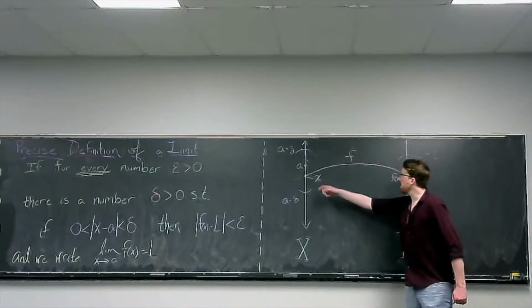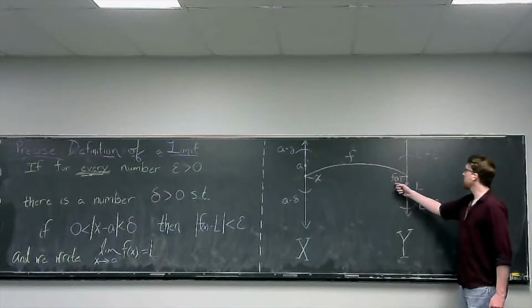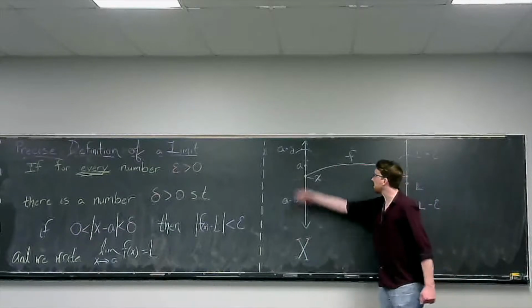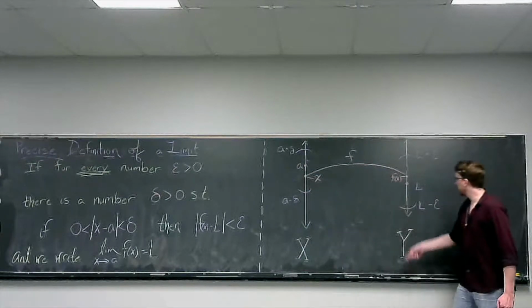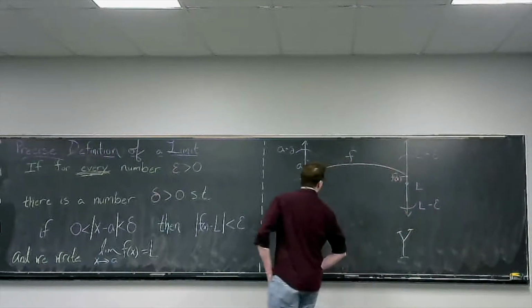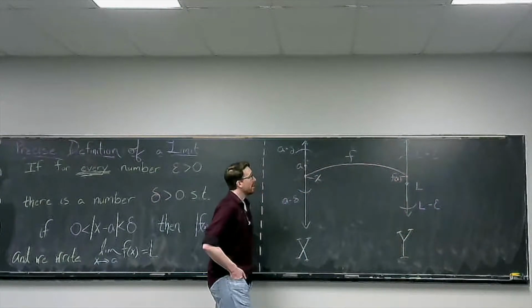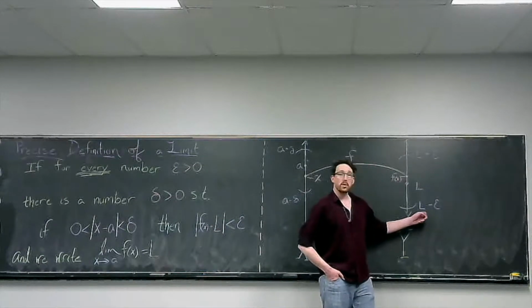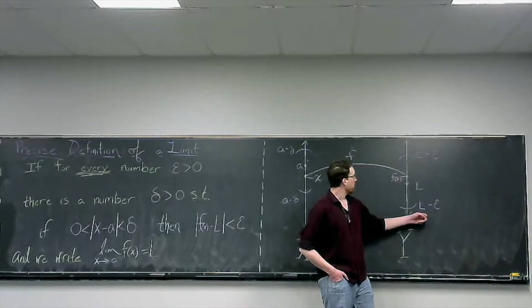That x, you're going to put through your function, and it's going to give you something on the y-axis. So this represents what's happening in the x-axis, and this represents what's happening in the y-axis. Now, over here in the y-axis, we've got what's called an epsilon ball.